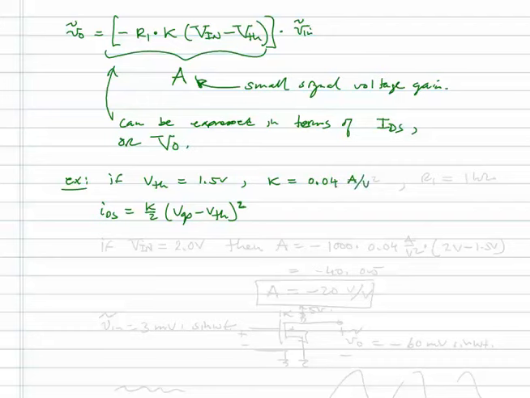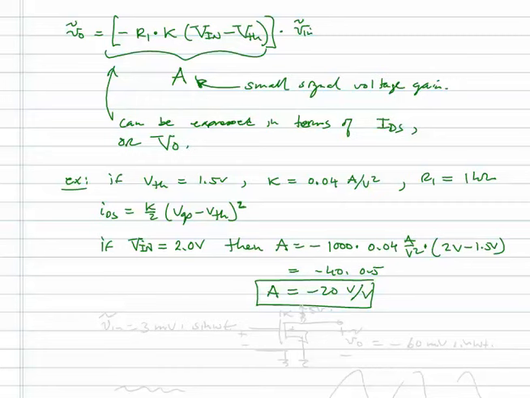Now if capital Vn was equal to 2 volts, then A, the voltage gain, would be equal to minus, and let's say R1 was equal to 1 kilo ohm, so we'd have minus 1,000 ohms times 0.04 amps per volt squared, that's K, times 2 volts minus 1.5 volts. That would give us minus 40 times 0.5, or minus 20 volts per volt.